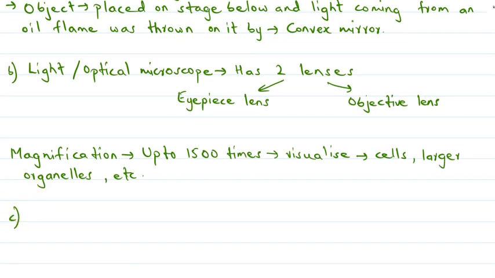Now let's talk about the next type of microscope, that is an electron microscope. So the electron microscope has the powers of magnification and resolution greater than an optical microscope.